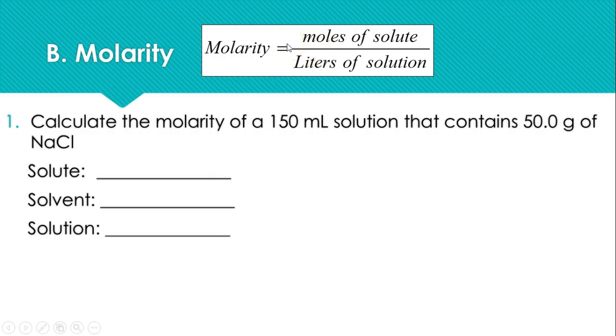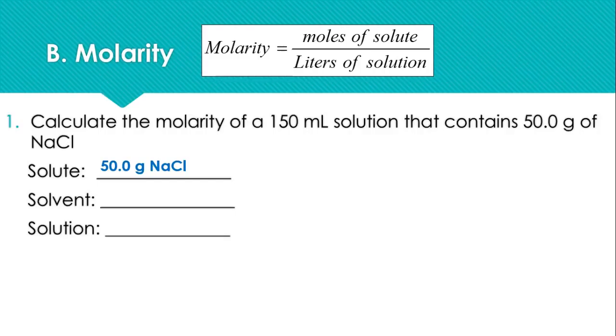So first, for solute, looks like we have 150 milliliters of solution. We have sodium chloride. Now, sodium chloride is a solid, and as often when you have a solid, that ends up being your solute because you're adding that to something like water to make a solution. So 50 grams of sodium chloride is my solute.